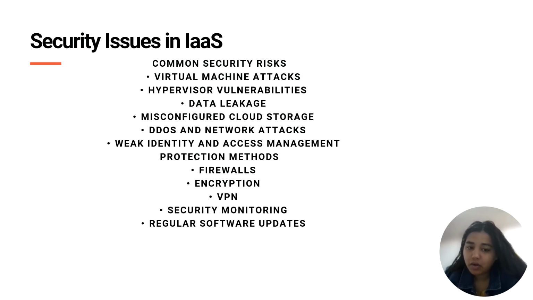Data leakage can occur if sensitive information is not properly protected. Misconfigured cloud storage can accidentally expose private data to the public. There are also network attacks such as distributed denial of service, or DDoS, attacks. These risks can be reduced by using firewalls, data encryption, VPN, regular software updates, and continuous security monitoring.